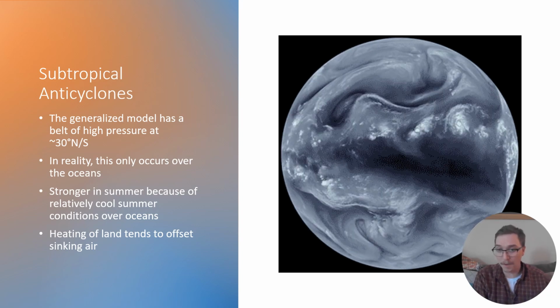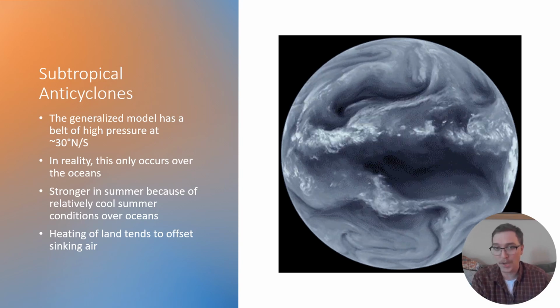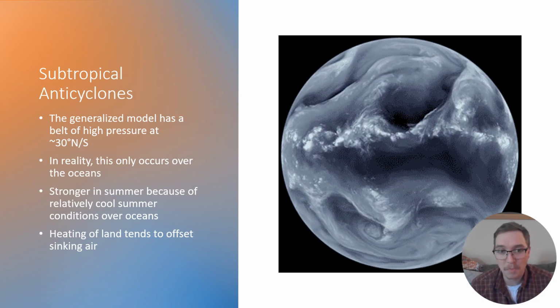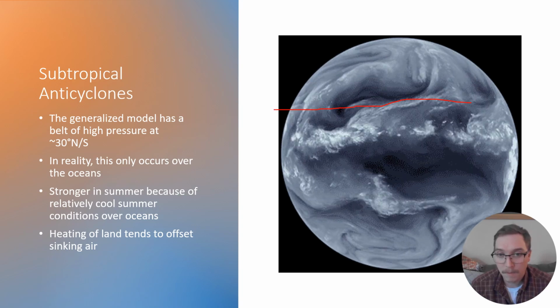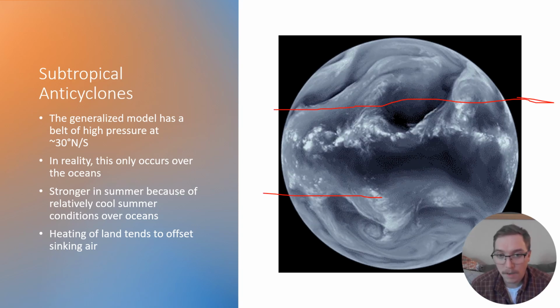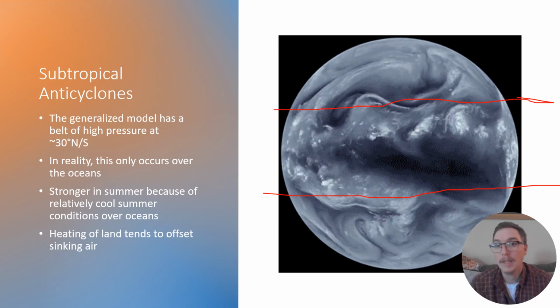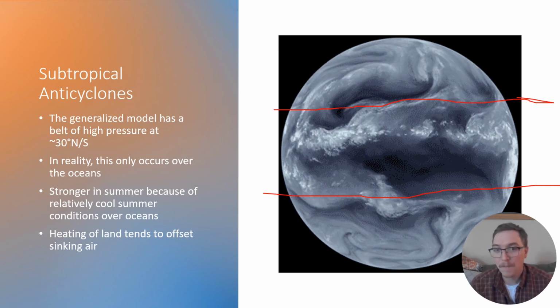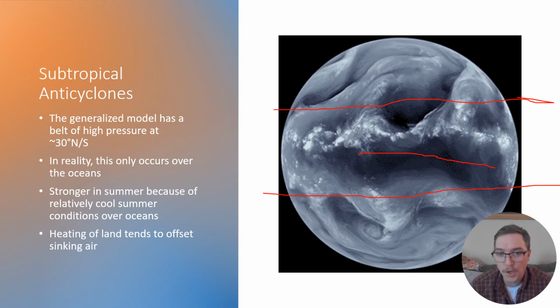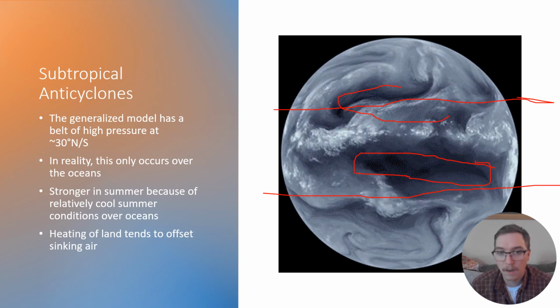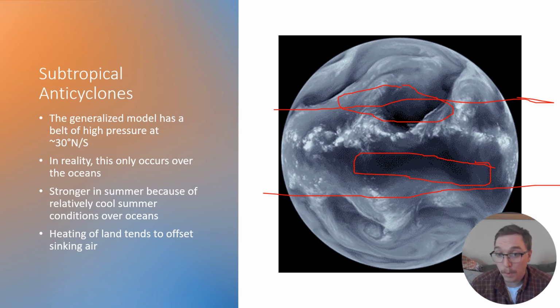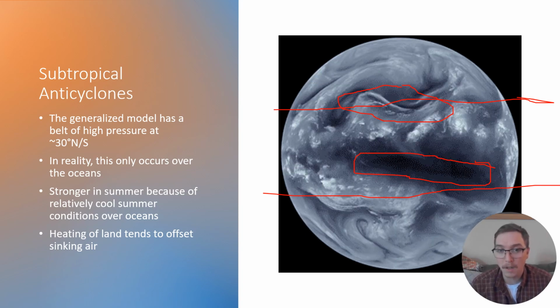Our generalized model has a belt of high pressure at 30 degrees north and 30 degrees south, right? About here and about here. And hey, look, these regions devoid of moisture, which is what this is looking at here, follow along pretty well with that model.